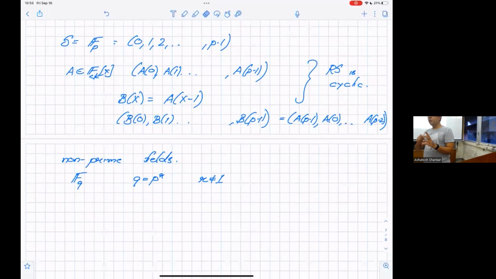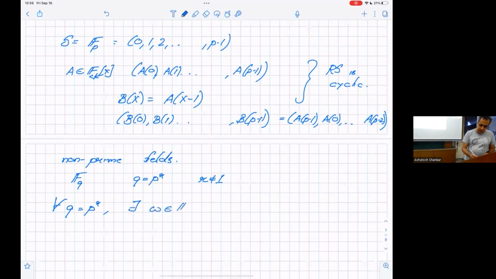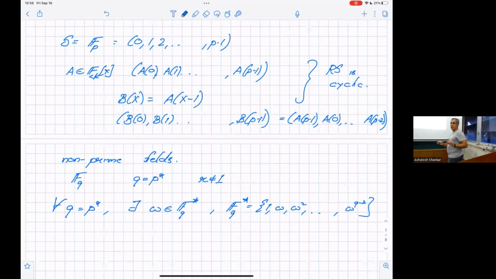For prime fields, even the additive group is cyclic, as we have just seen. I want to say that for every field, for all Q equal to p to the r, there exists omega in F_Q star such that F_Q star is exactly 1, omega, omega squared, all the way up to omega to the power Q minus 2. These are exactly the Q minus 1 elements. So the multiplicative group of the field is always cyclic.